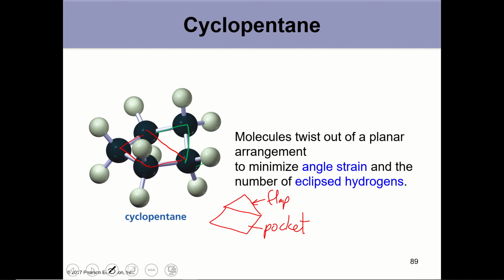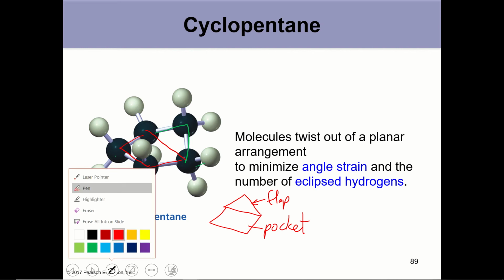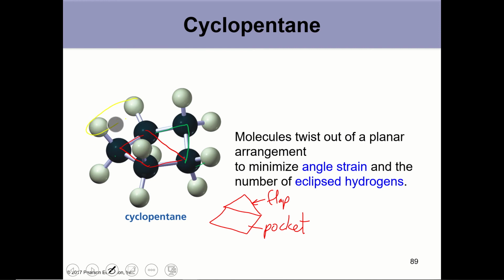So we call cyclopentane the envelope conformation, and this is the most stable conformation of cyclopentane, but it results in less angle strain, so the angles are 108, but it still has eclipsed strain for the hydrogens circled in yellow.